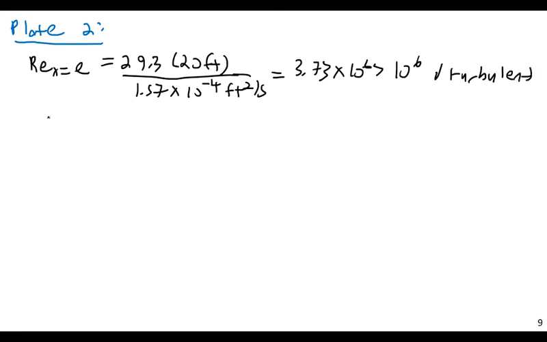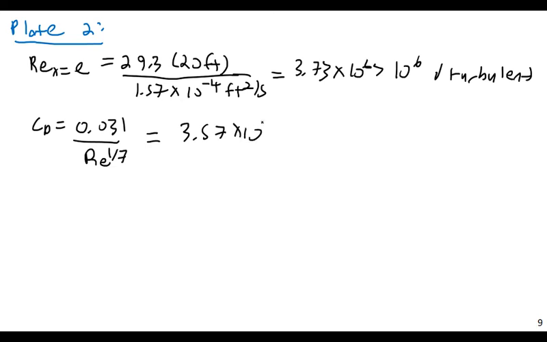And the CD, the drag coefficient, is 0.031 divided by the Reynolds number to the 1/7 power. And this is where my 3.57 was coming from earlier. This is 3.57 times 10 to the negative 3.